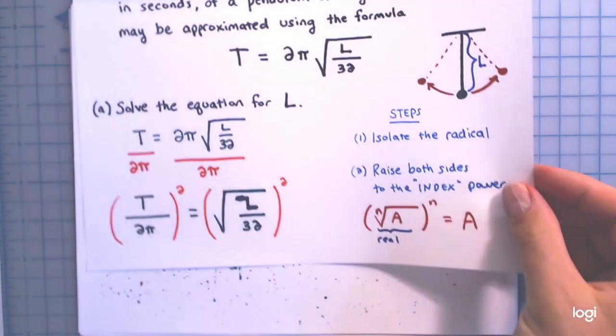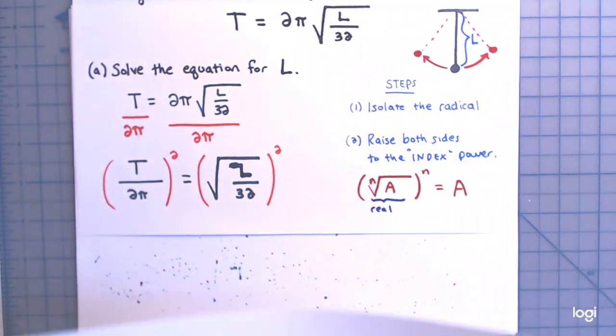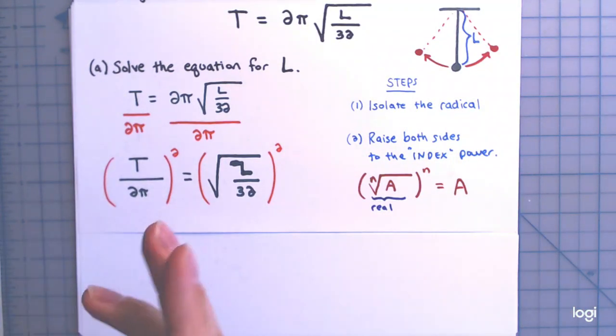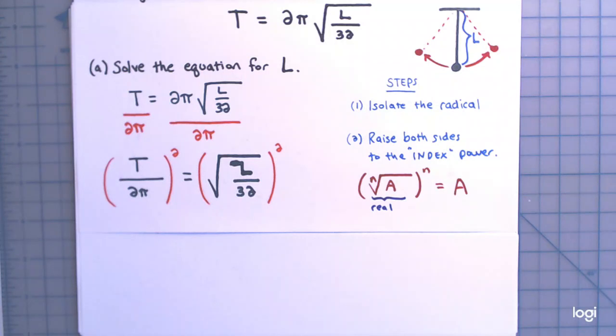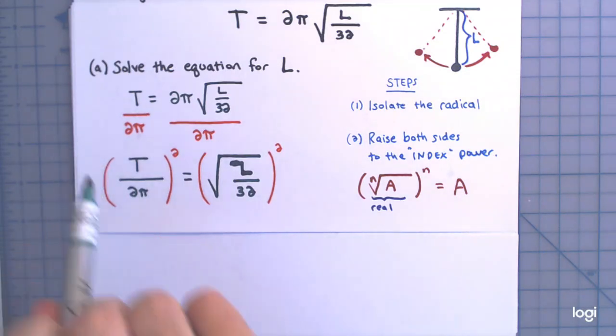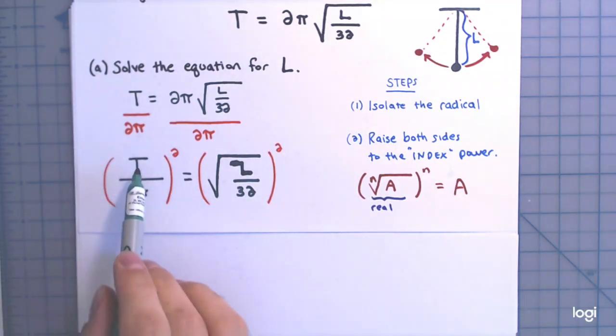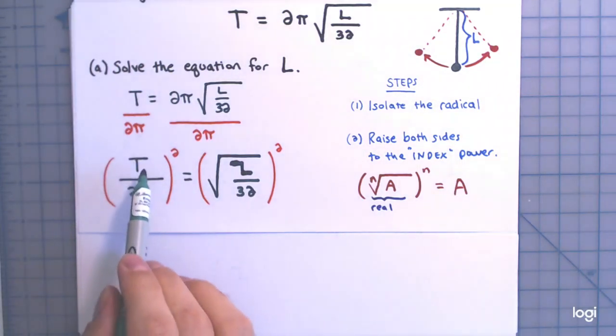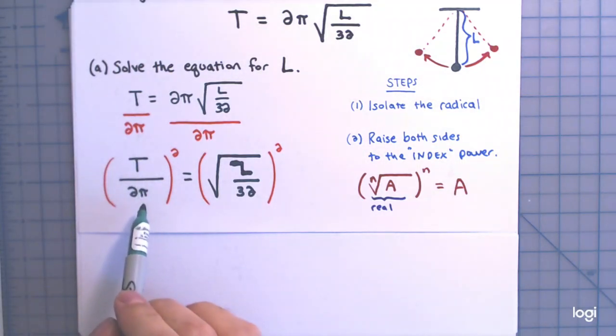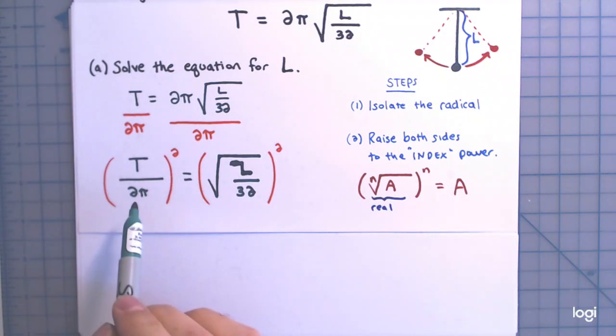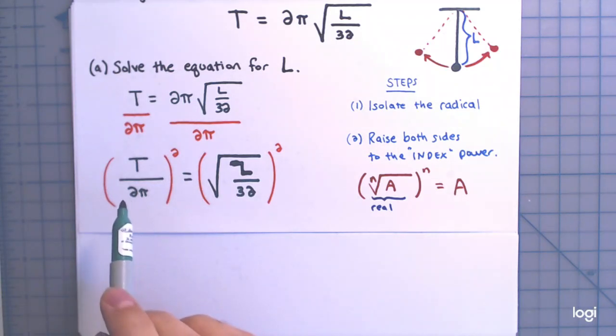On the left side, remember what it means to square something, raise something to the second power. That means you have T over 2 pi times T over 2 pi again. When you multiply fractions, you just multiply the numerators, multiply the denominators.